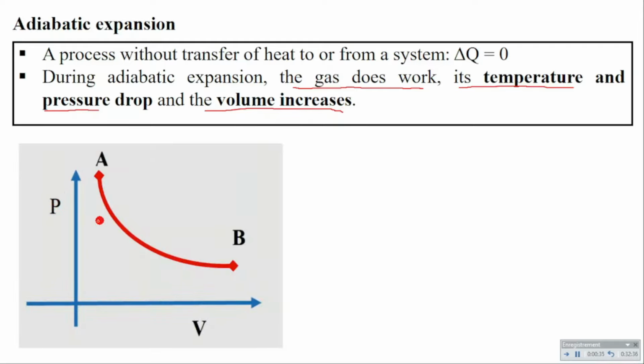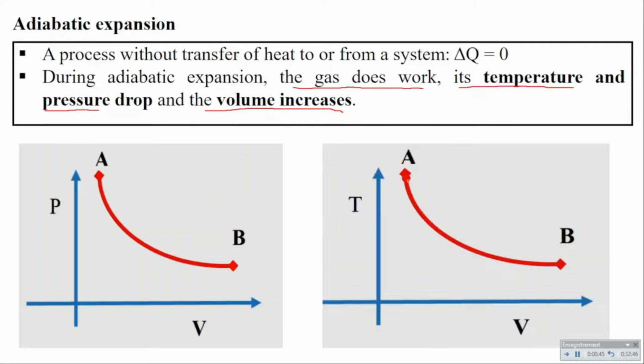For example, when we are expanding, we are increasing the volume, but the pressure and the temperature decrease. The temperature is decreasing while the volume is increasing, and the pressure is decreasing while the volume is increasing, because we have an expansion.